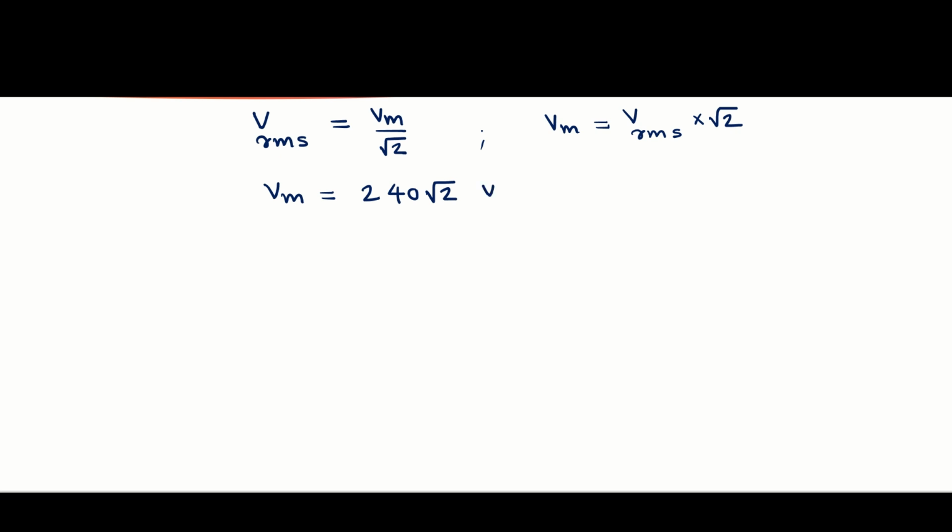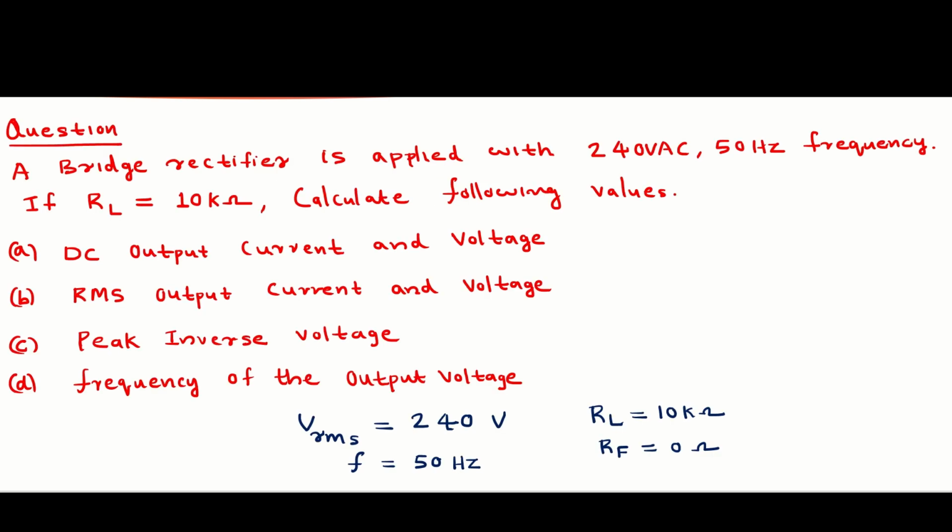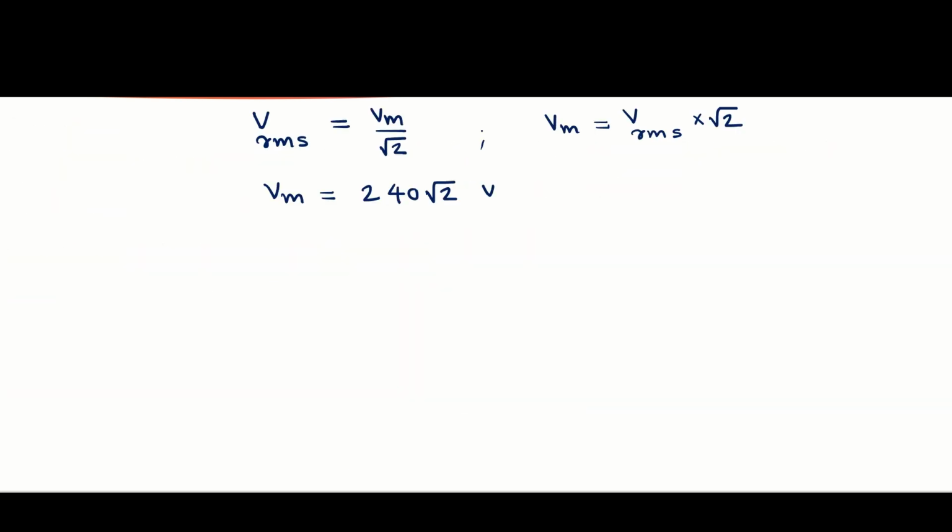Okay, the question is to find out the DC output current and voltage. The DC output current, indicated by IDC, is equal to 2Im divided by pi.